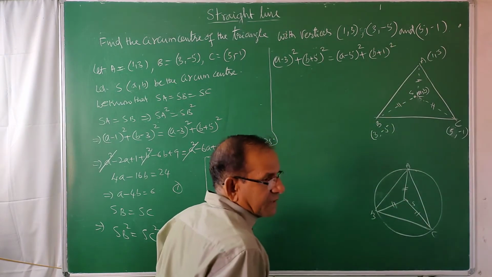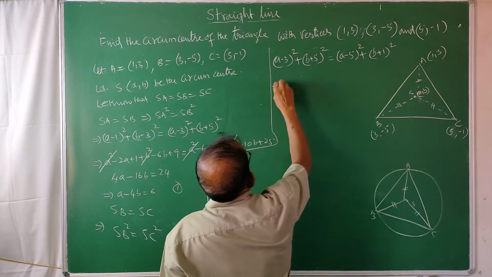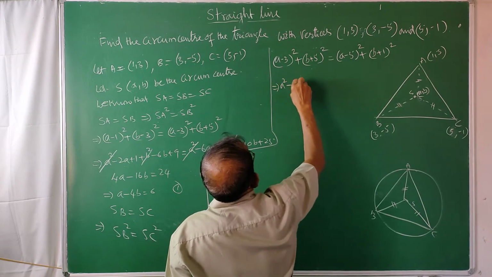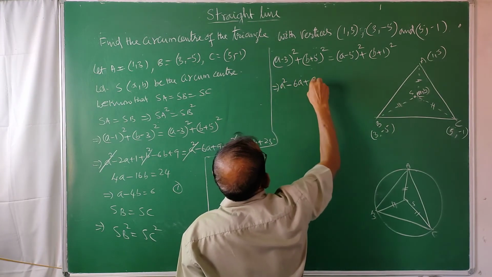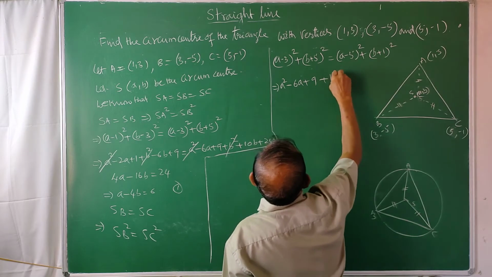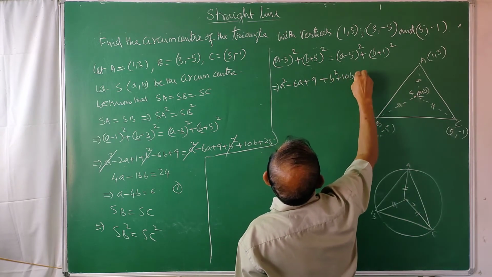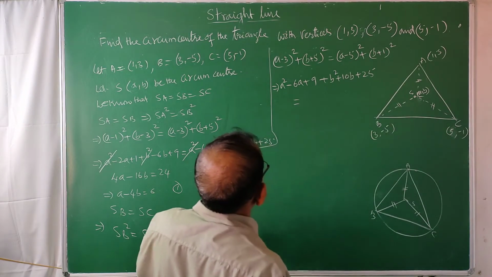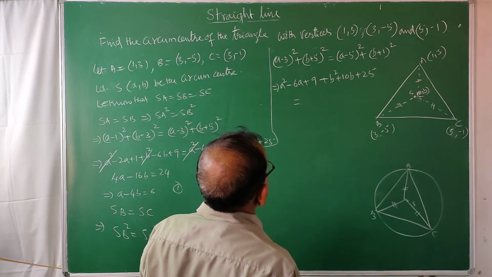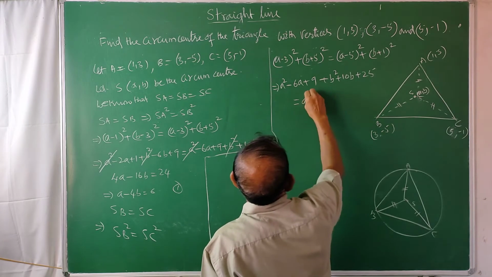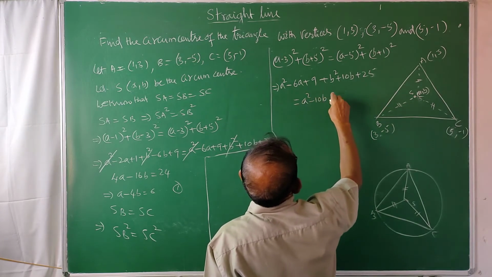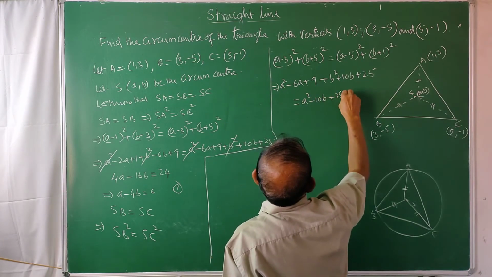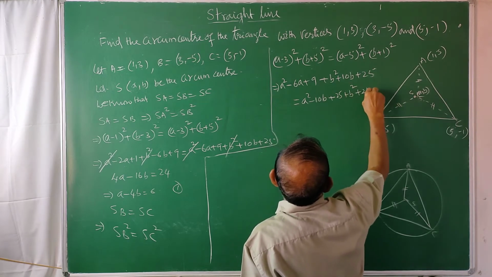Again expand all the brackets. a square minus 6a plus 9 plus b square plus 10b plus 25 equal to a square minus 10b plus 25 plus b square plus 2b plus 1.